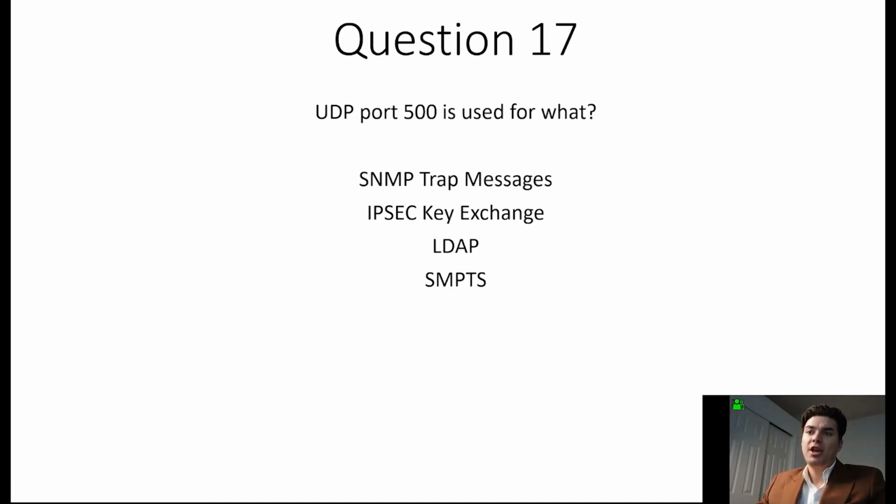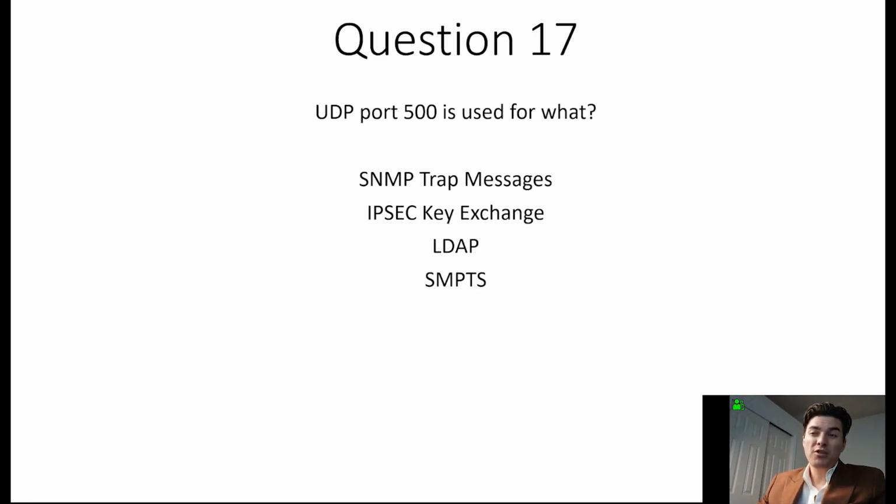Question 17. UDP port 500 is used for what? Let's take a look at all the options here. So SNMP trap messages, that's port 162, and is specifically used for traps or notifications that alert the system if there's any sort of event failures or security breaches or other significant events to the NMS. The IPsec key exchange, that is port 500, and that's used for Internet Key Exchange Protocol.